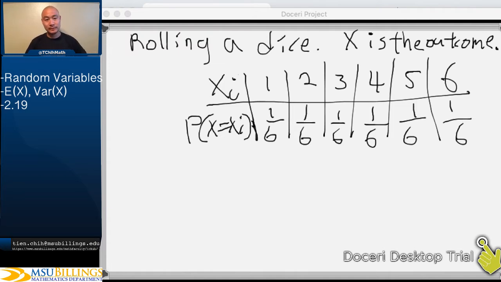As with data sets, some of our main concerns with random variables, particularly if our goal is to do anything predictive with them, is we want to ask ourselves, given a random variable, what are the likely outcomes, and how much does that likely or average outcome determine the behavior of the random variable?